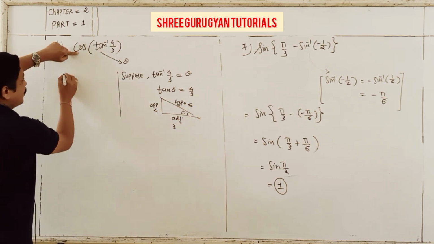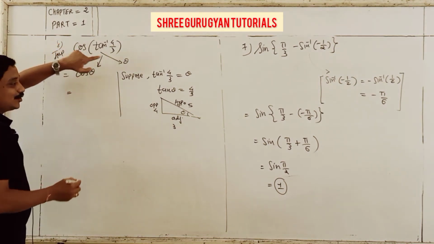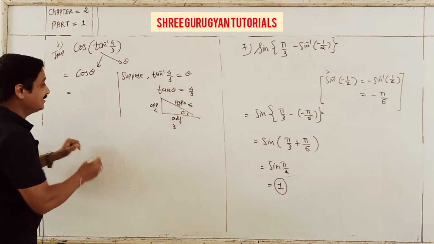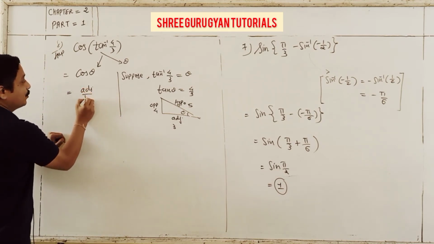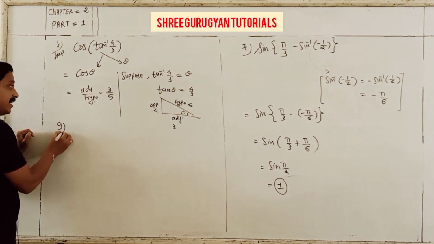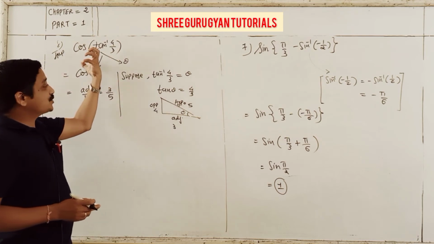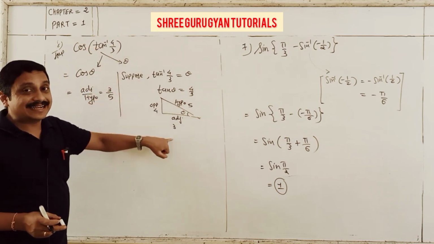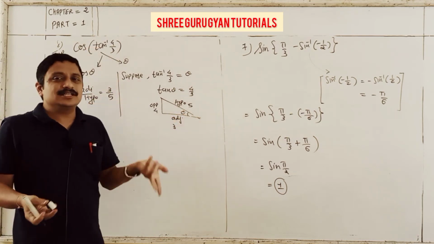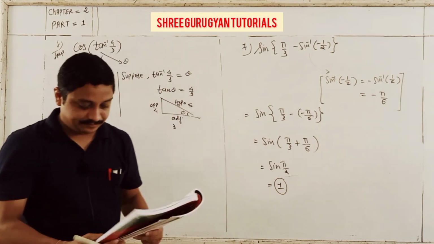So here cos theta, according to the triangle, is adjacent by hypotenuse. It's known that it is 3 by 5. Only the triangle property I will show. And easily your answer is done here.